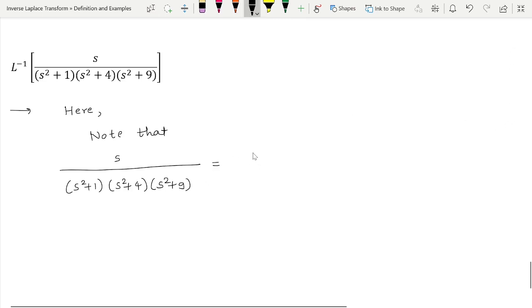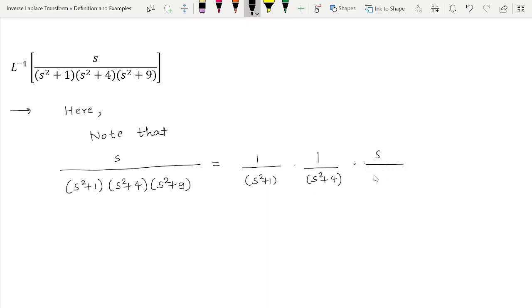So if you think properly, actually we can write it as a product of two functions whose inverse Laplace transform is already known to us, but the thing is they are not the elementary functions, right?